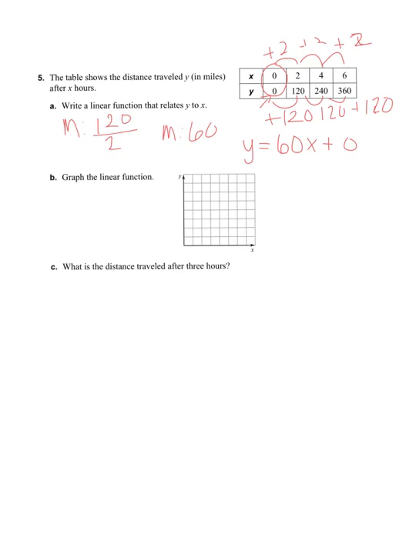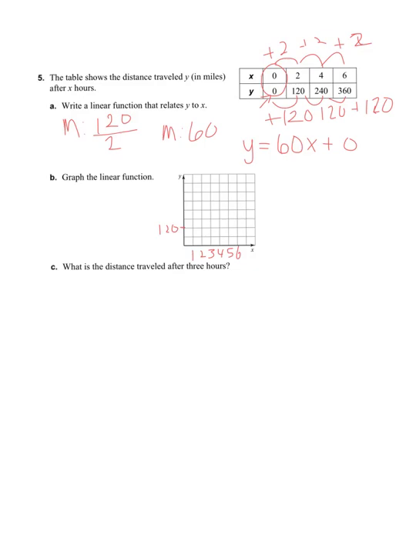Now it says graph the linear function. So each one of these is going to be 1, 2, 3, 4, 5, 6, so on like that. And then you're going to be going up by 60s. So I'm going to go 60, this is 120, right? This would be 180.